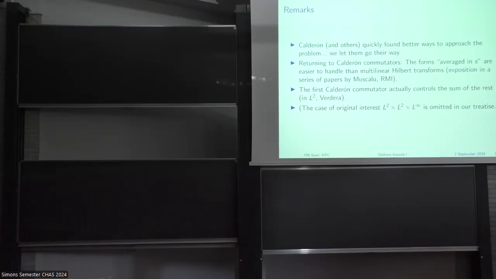First, in this very last step, what appeared in the computation was an average in s of this operator. Such an average philosophically should be a nicer operator than just taking the pointwise supremum in s. And these averages can be treated with slightly different arguments than the bilinear Hilbert transform.